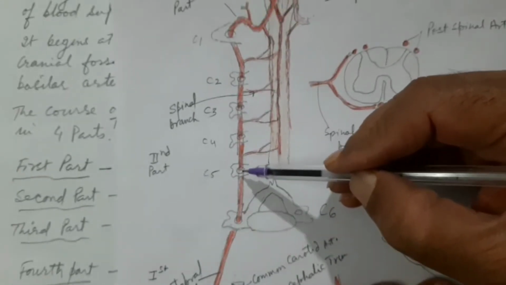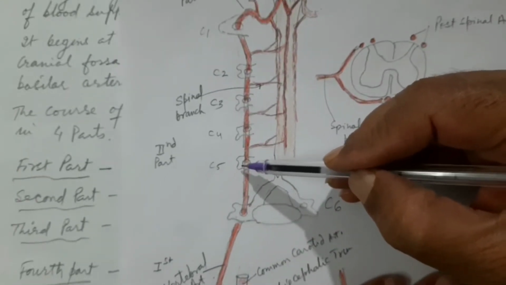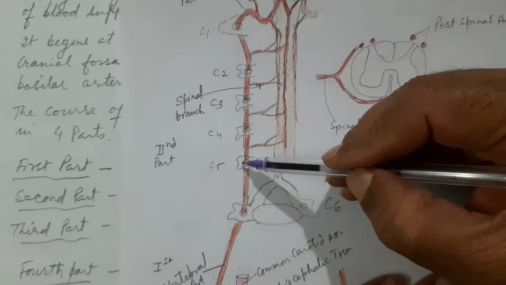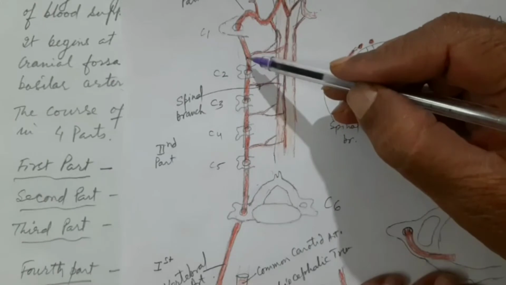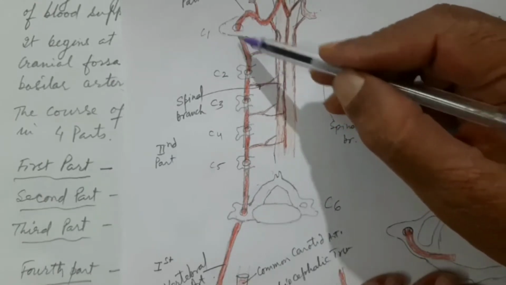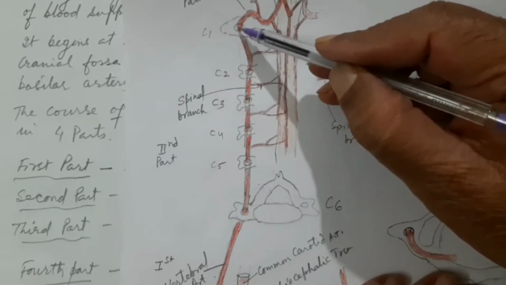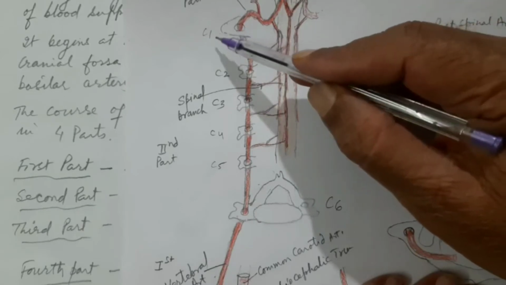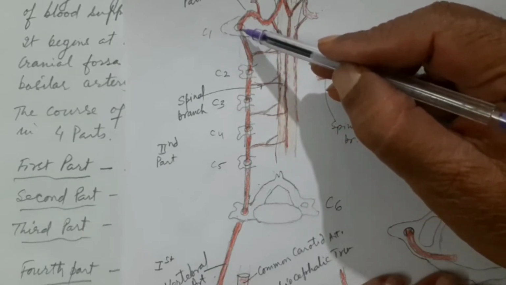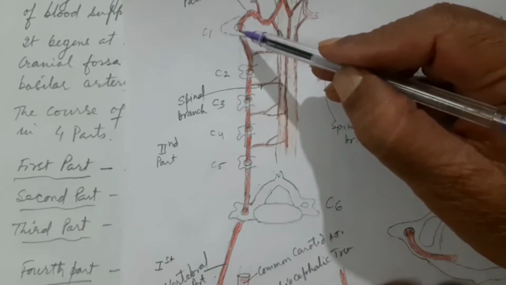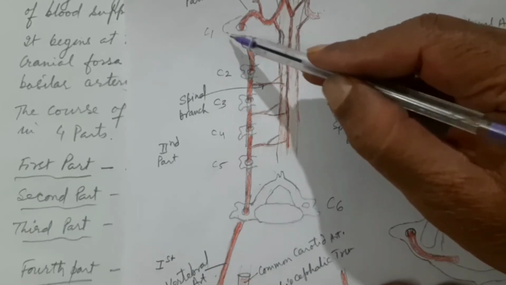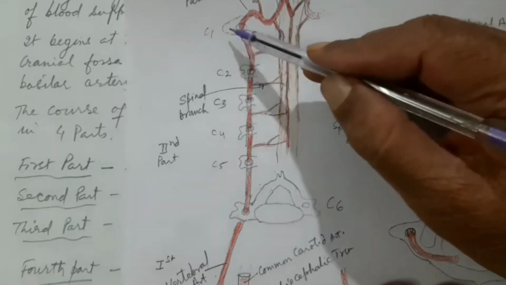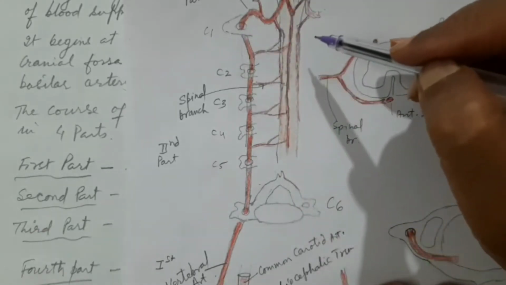As you trace this artery, it passes through the foramina of the C5 transverse process, C4, C3, C2, and then it deviates towards the lateral side to pass through the foramen transversarium of C1, that is the atlas vertebra. And why does it have to go a little laterally? Because C1 is the widest cervical vertebra.